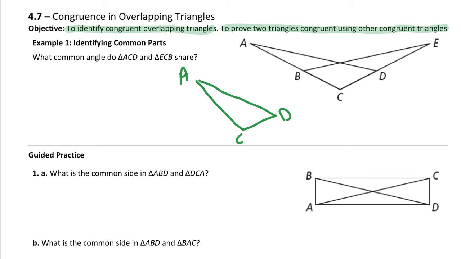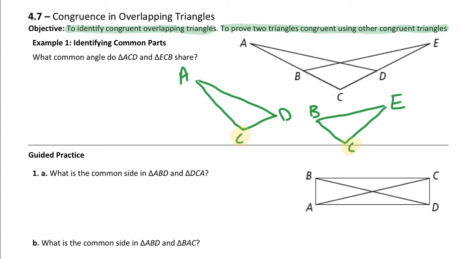So that's the triangle kind of on the left. And then ECB is going to be E to C to B, and then back to E. So I know that I didn't do a great job of drawing these as congruent or anything like that. But basically, this helps me visualize which angle they share.